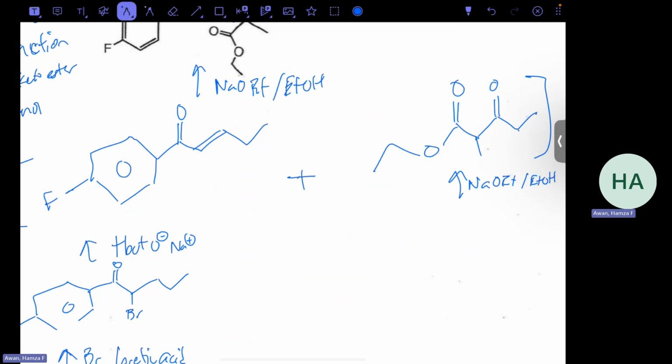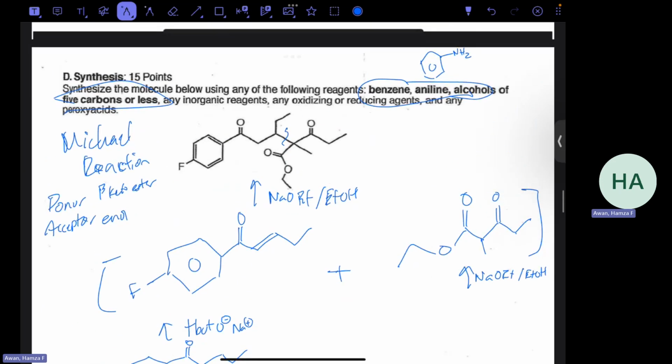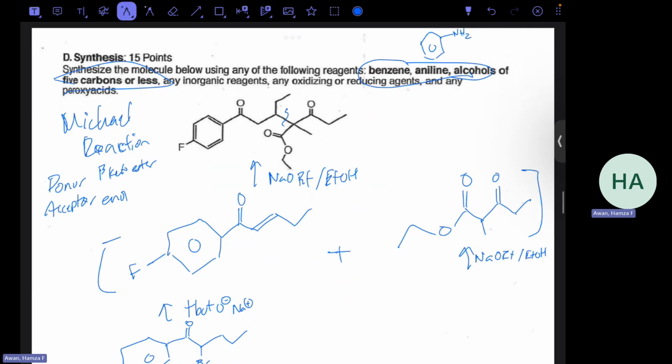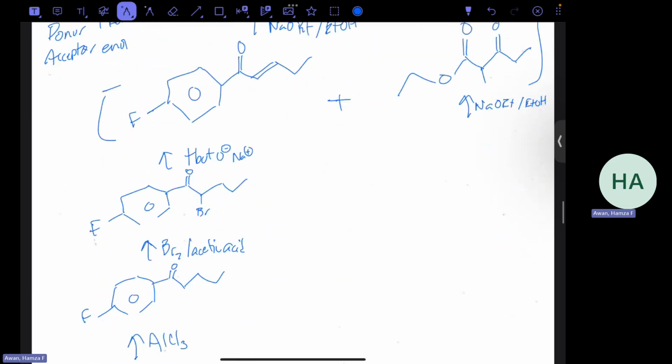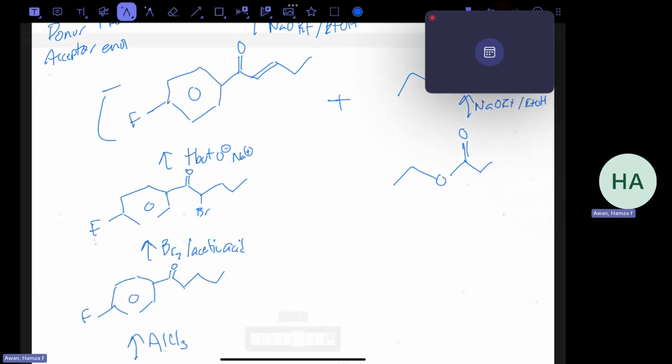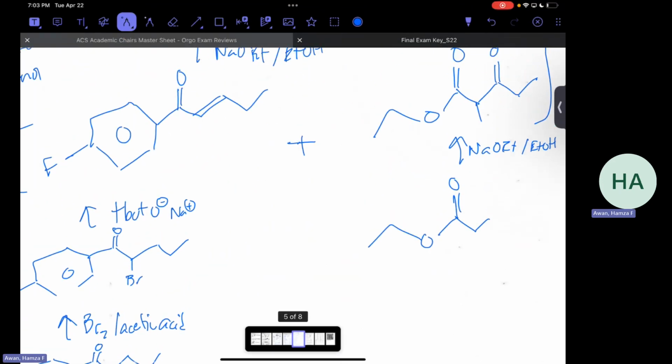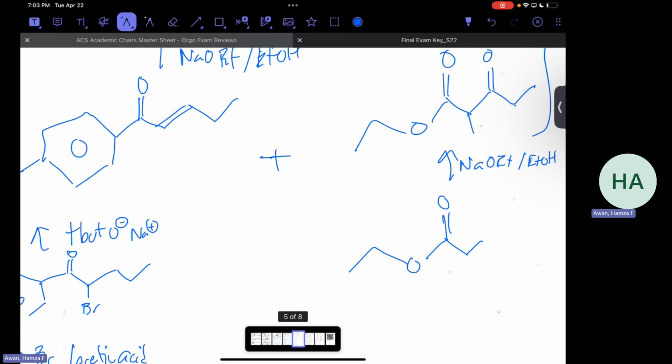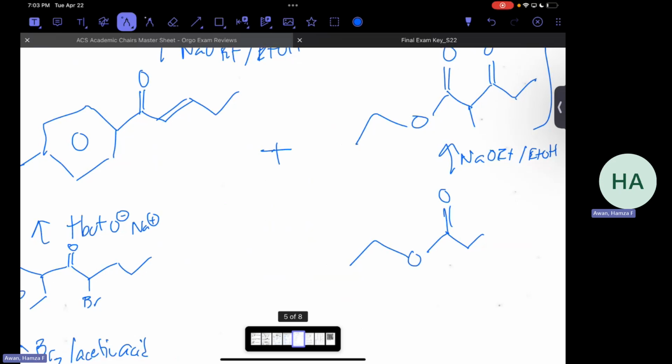So whenever we have Claisen, usually we'll have something that attacks itself, and then it'll have, sorry, let me try to explain it after I draw this. So this reaction will look like this, right? Notice how we have the ketone on one side and the ester on the other.